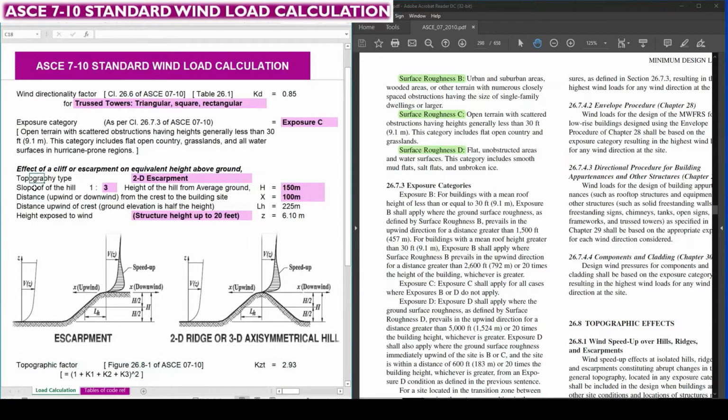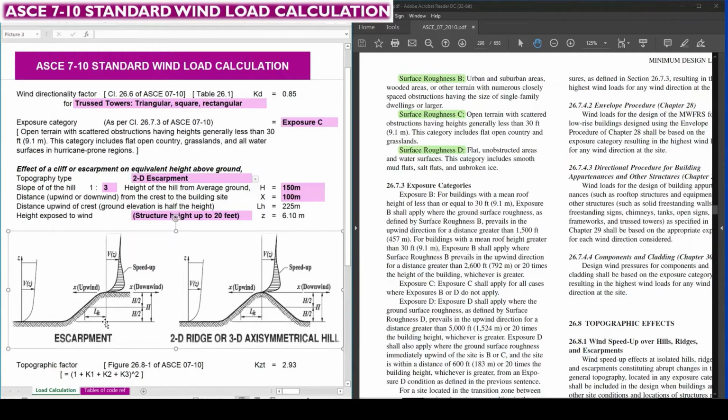To calculate this topography factor, first we need to input what kind of topography our engineering project is going to consider. There are three categories of topography: 2D escarpment, 2D ridge, and 3D axisymmetric hill. So we can consider 2D escarpment.